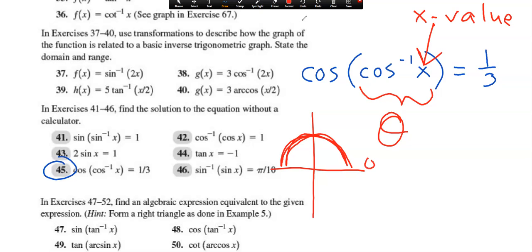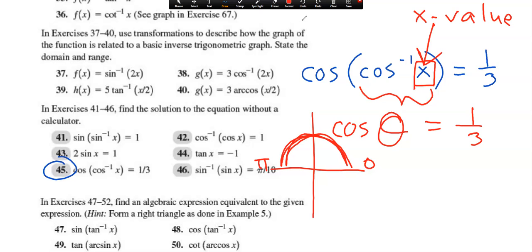So 0 to pi. So this question is really the cosine of theta equals 1/3. The cosine of some angle measurement equals 1/3. Can you tell me what the angle is? Actually, we don't want to know the angle, do we? We want to know what the original x value was.